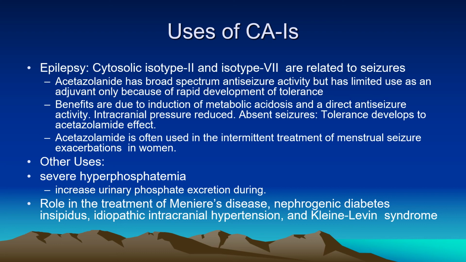Severe hyperphosphatemia is another indication because acetazolamide increases urinary phosphate excretion. The role of carbonic anhydrase inhibitors is being explored in many other conditions, which include Meniere's disease, nephrogenic diabetes insipidus, idiopathic intracranial hypertension, and Klein-Levin syndrome.